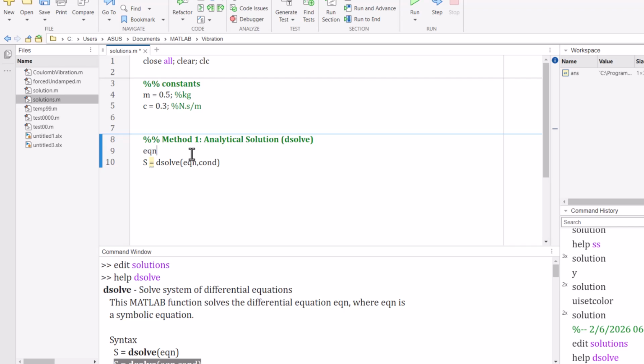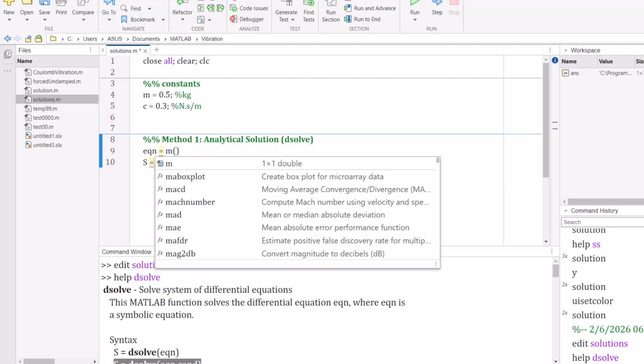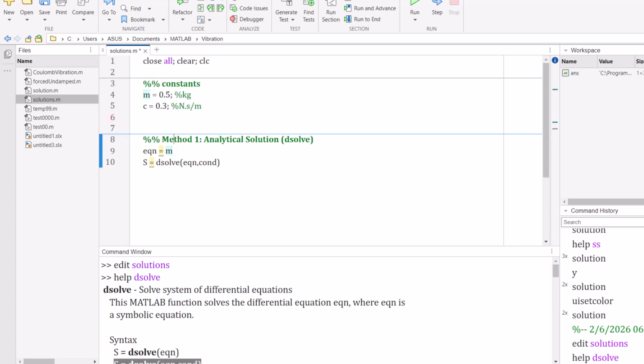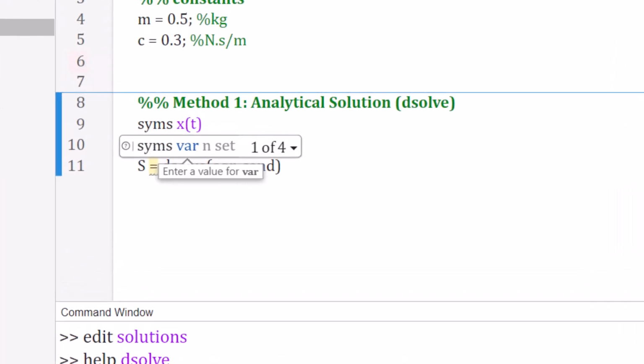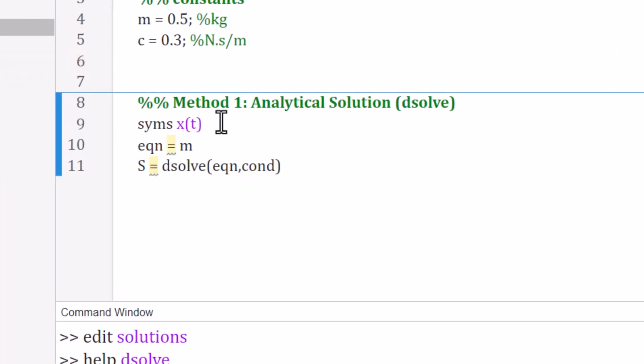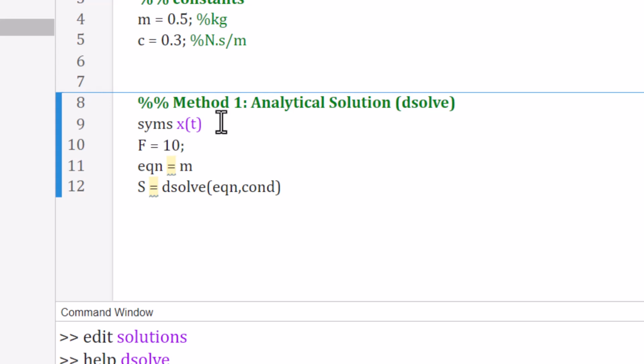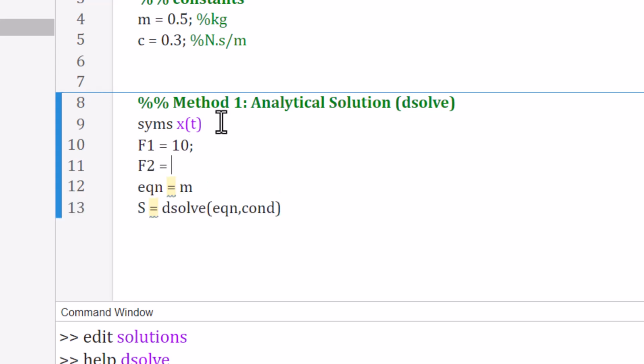So what is the equation? It is m times x double dot. So I have to define x here. So I type syms x of t. I define x as a function of t, and then I can define f to be equal to 10. So I write f1 and f2.